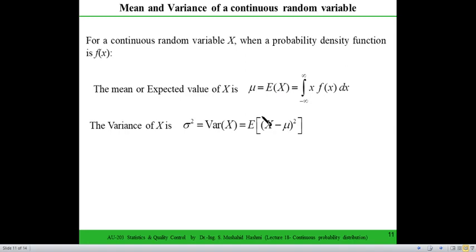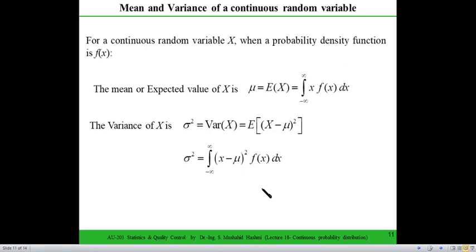And the variance can be easily worked out in exactly the same manner: take the difference of the random variable with the mean, square it, and calculate the expected value. And obviously there is an alternative definition, you know that. For the variance, which is the square of the standard deviation, you integrate x minus mu whole square, multiplied by that function, over that interval, and you will be able to calculate the variance.